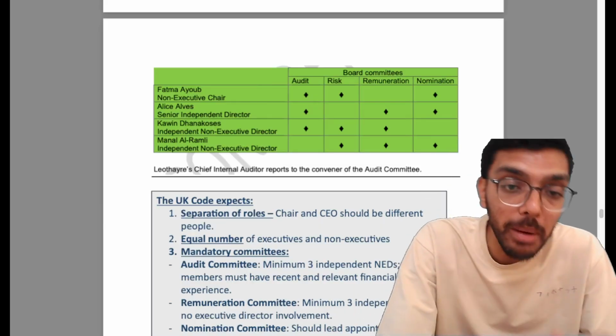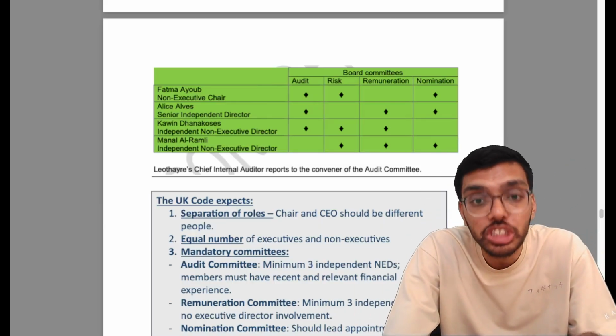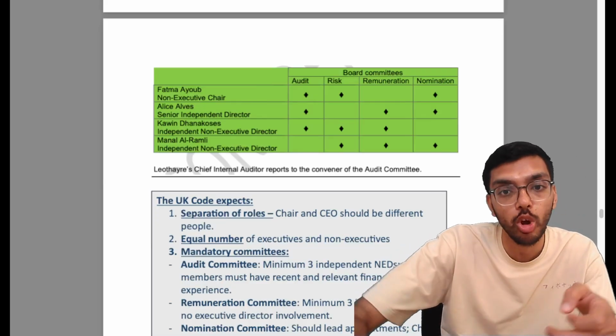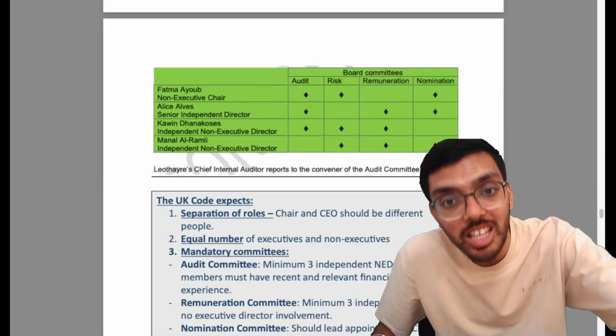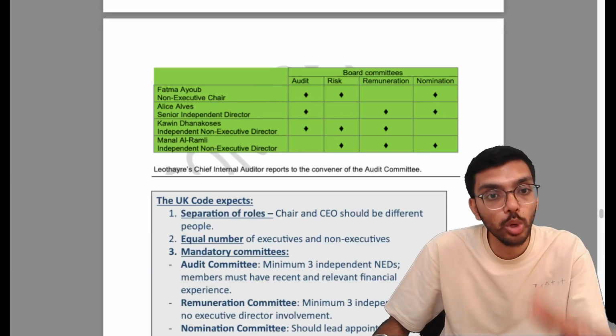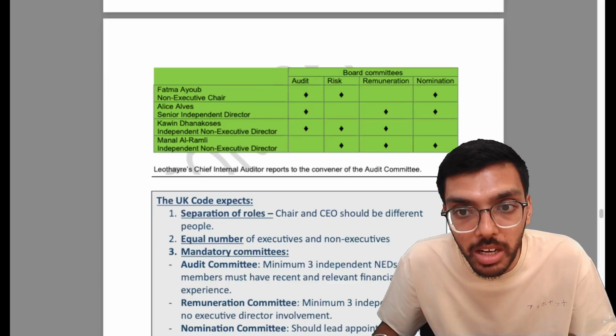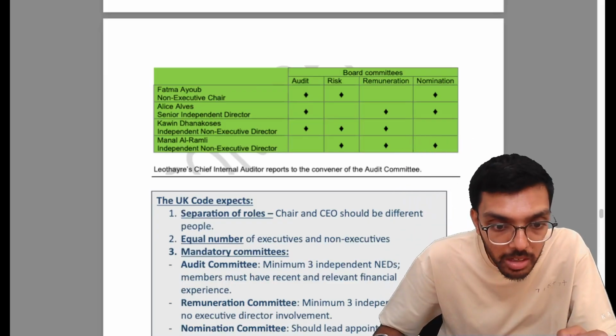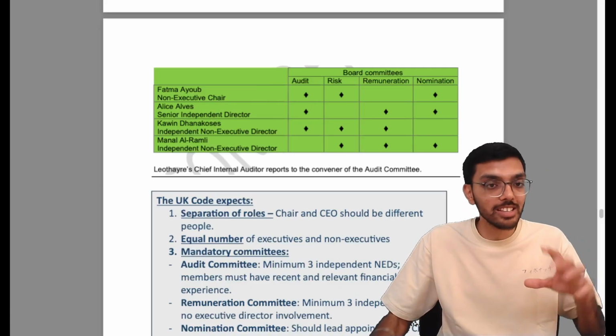The chairman can be part of the committee, but the chairman cannot be the chair of the committee. Over here we are seeing 2 independent non-executive directors plus the chairman part of audit committee. Same for risk, 2 independent plus chairman. Same for nomination, 2 independent plus the chairman, which I see as okay.